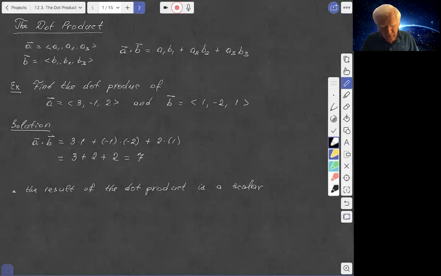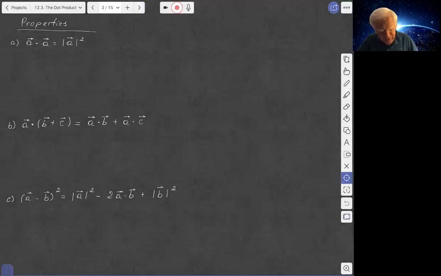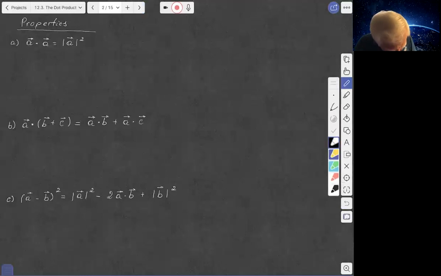Let's consider some properties of the dot product. The first important property says that the dot product of a vector by itself is equal to the magnitude of that vector raised to the second power. Let's prove that. If the vector A has components A1, A2, and A3, then we get A1, A2, A3 dot product with A1, A2, A3.